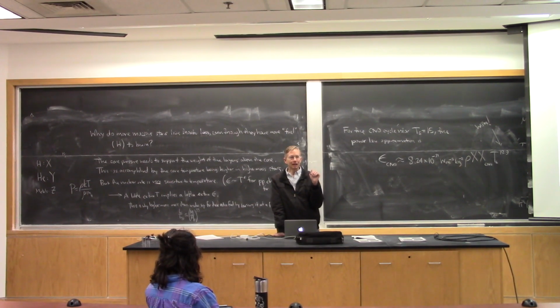And then James Durley did a senior project with me a couple years ago where he used MESA, the modules for experiments in stellar astrophysics, a professional stellar evolution code.